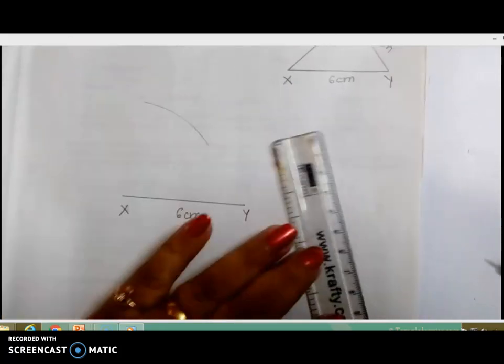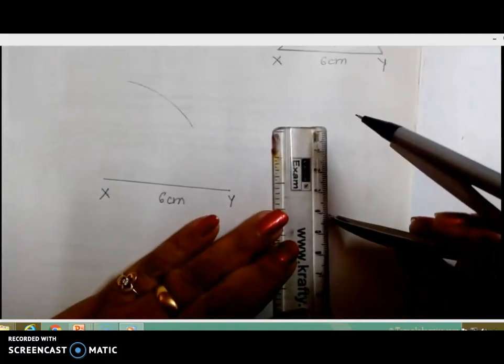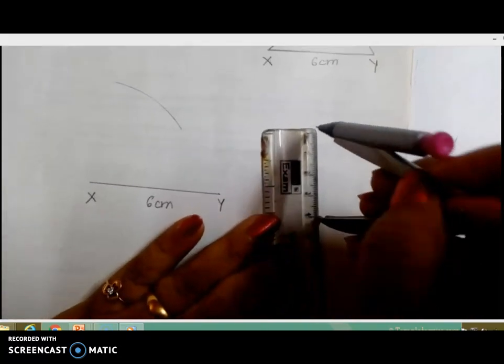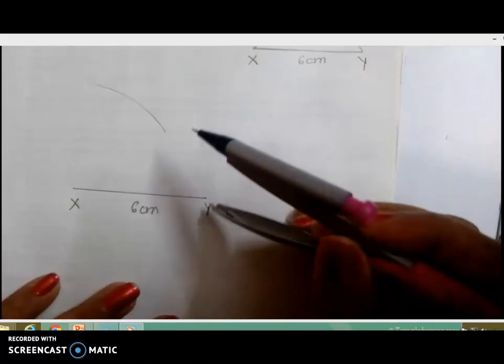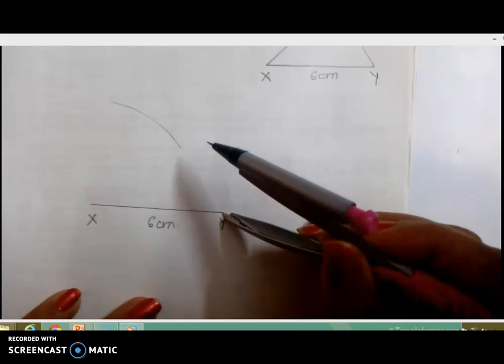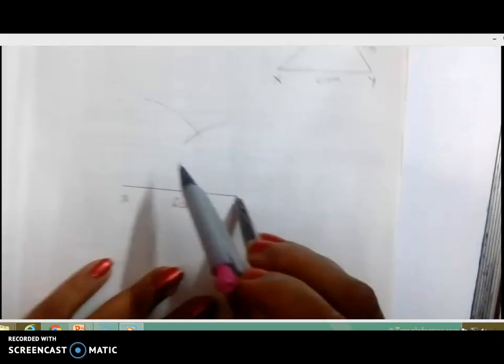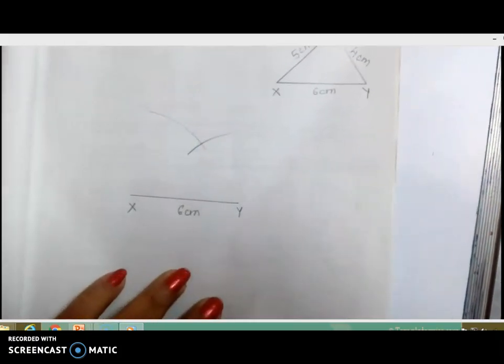Now, once again I will measure 4 cm. And this time, placing the compass at Y, we will cut this arc that was previously drawn.